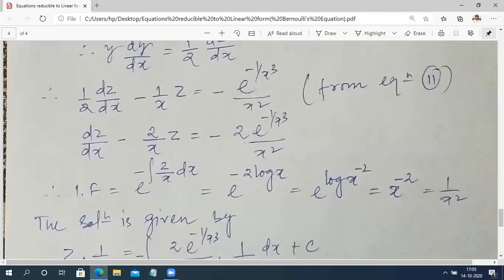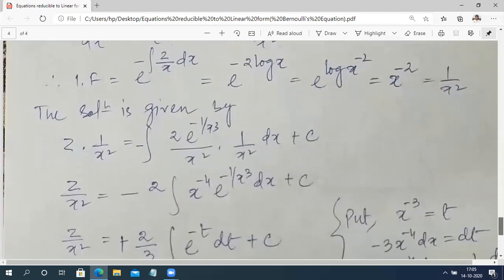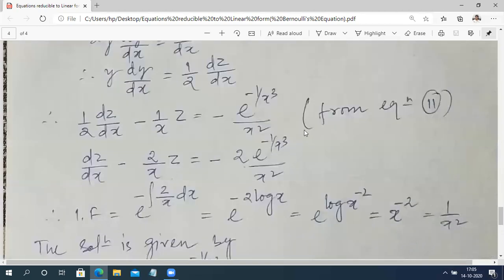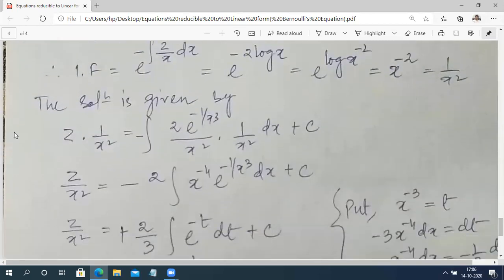Now what is the solution? The solution will be z into the integrating factor. This is your integrating factor. So z into integrating factor is equal to the integral of q into the integrating factor into dx plus c.